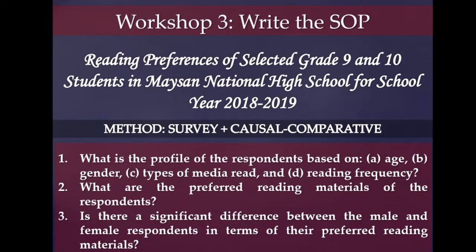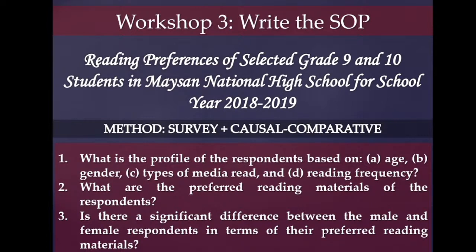Remember that if you use the descriptive survey method, the first question must be about the demographic profile of the respondents. That's why we have the first question as something that pertains to the profile of the respondents. It is only on the second question that we focus on the preferred reading materials of the respondents.